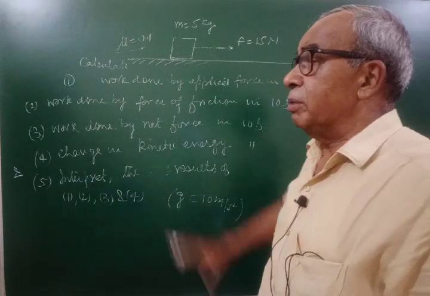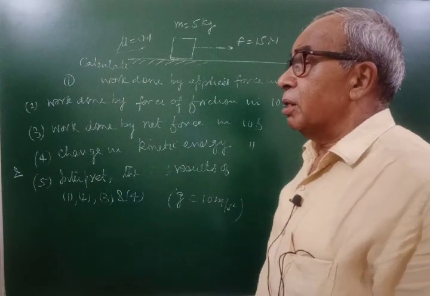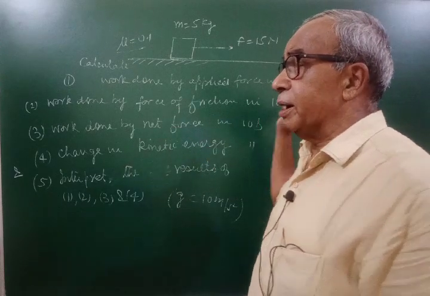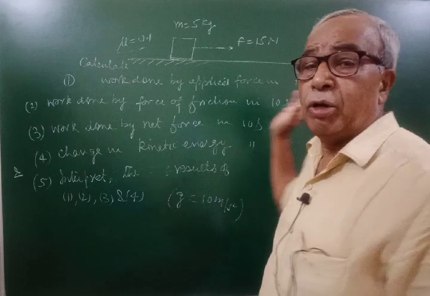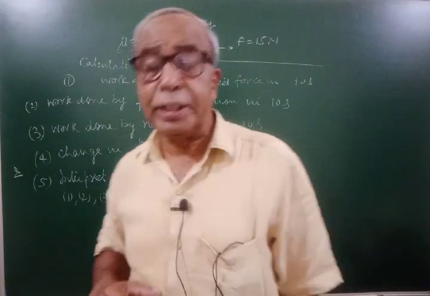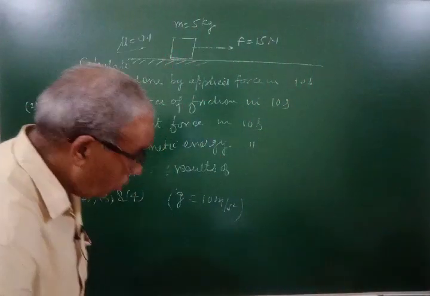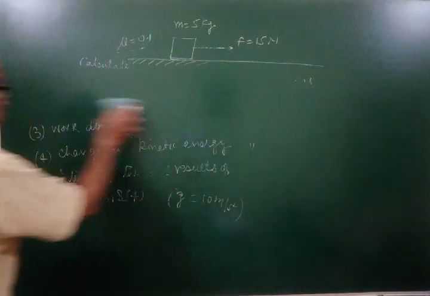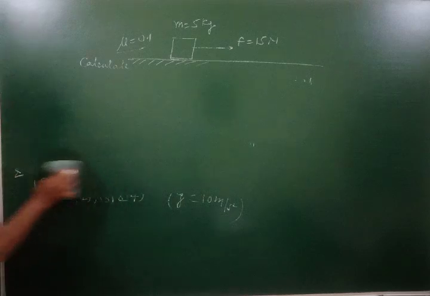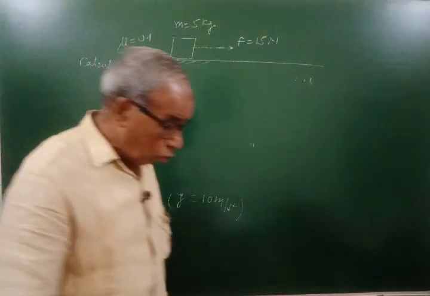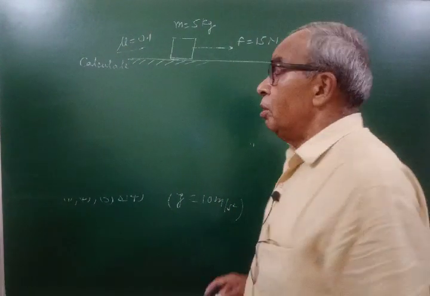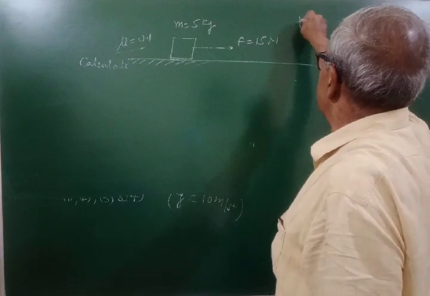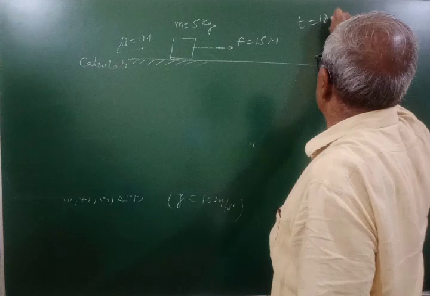So you are asked to calculate the work done by applied force in 10 seconds, work done by force of friction in 10 seconds, work done by net force in 10 seconds, and then find the change in energy. So the question is clear. First of all, work done is equal to force into displacement. So by how much the body has got displaced in 10 seconds. Time here is 10 seconds for every question.